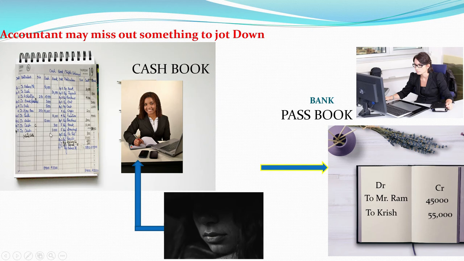But as the amount has not been credited in passbook, the passbook balance hasn't increased and the cash book balance has got increased. So in order to match both the balances, the accountant needs to deduct that value because the check hasn't been credited yet.